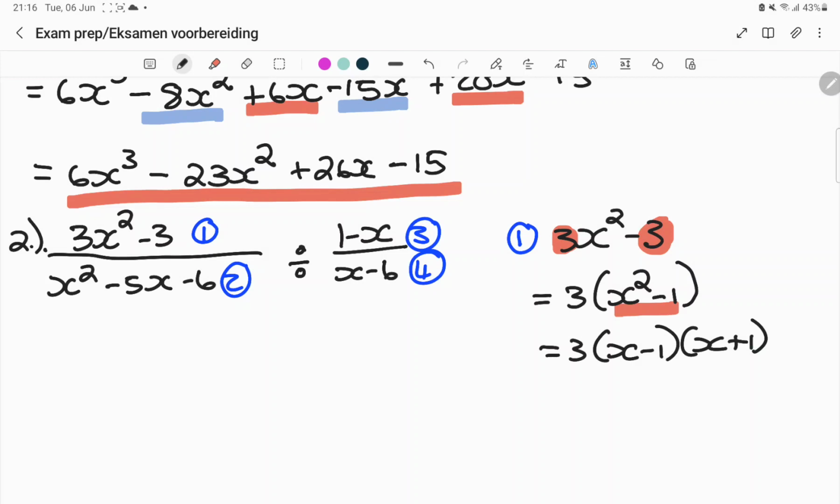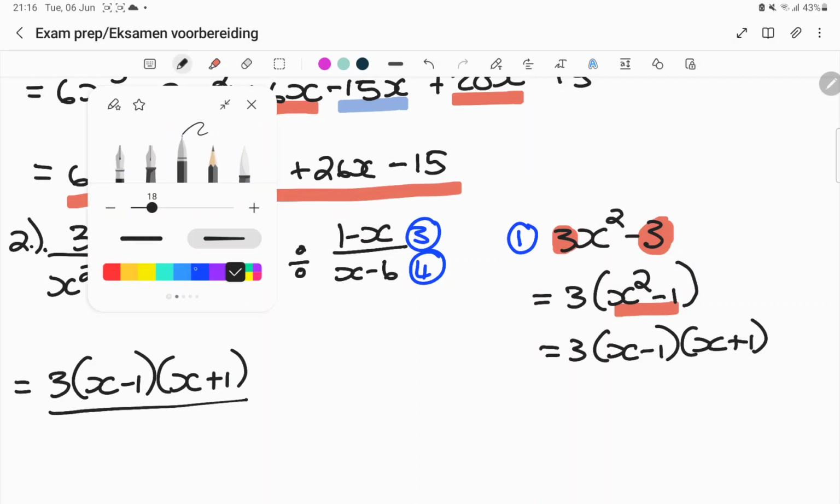Obviously, if you're struggling with factorization, you will struggle with the fractions. So make sure you know how to factorize before you try and attempt these questions. So knowing that this is my answer, I can put that back into part 1, which is now 3 bracket x minus 1 bracket x plus 1.